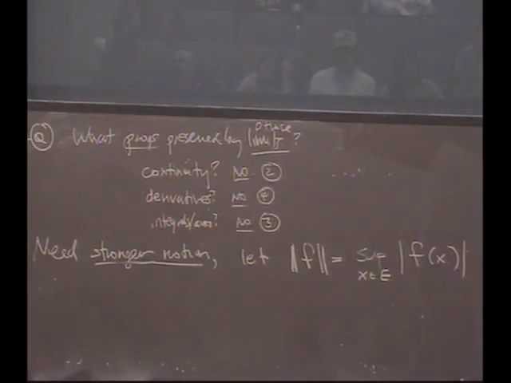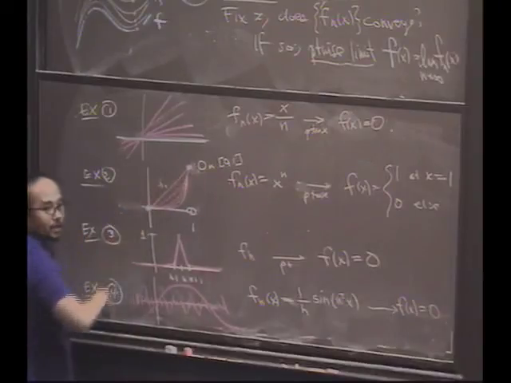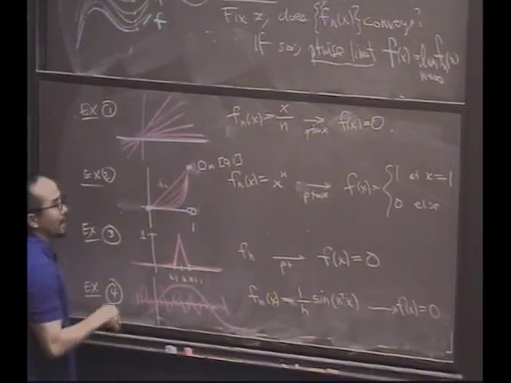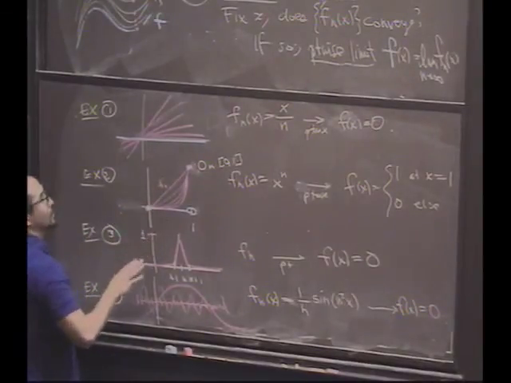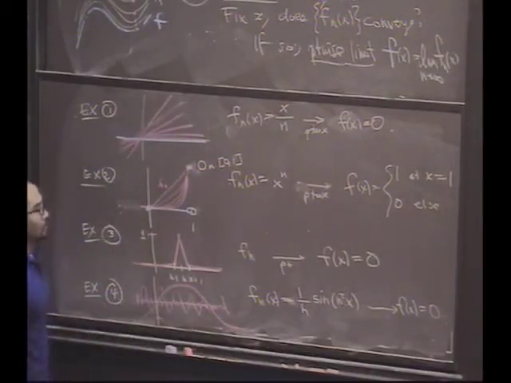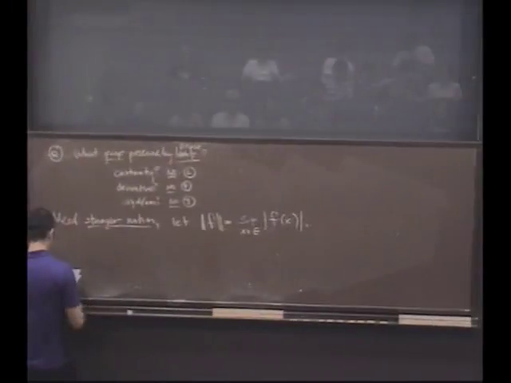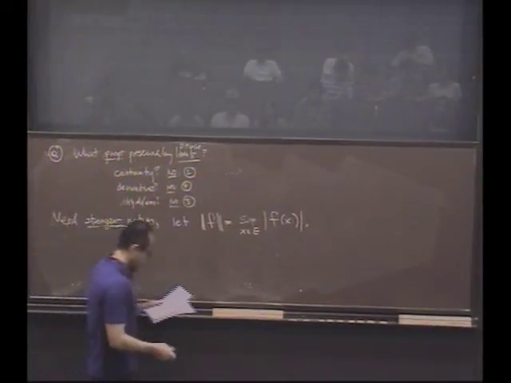So for instance, the sup of this function would be what? 1. The sup of this function over the entire domain? Yeah, infinite. We don't like that. If I restricted my domain, the function would actually have a supremum.